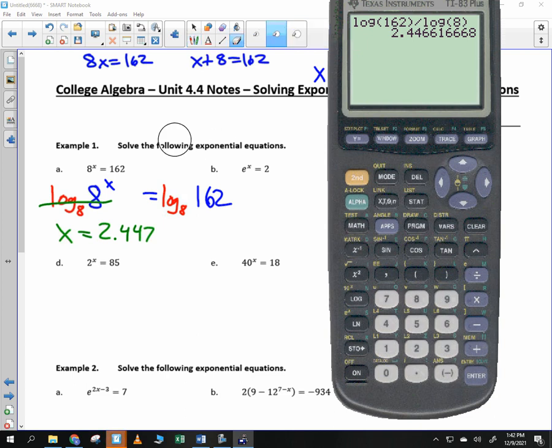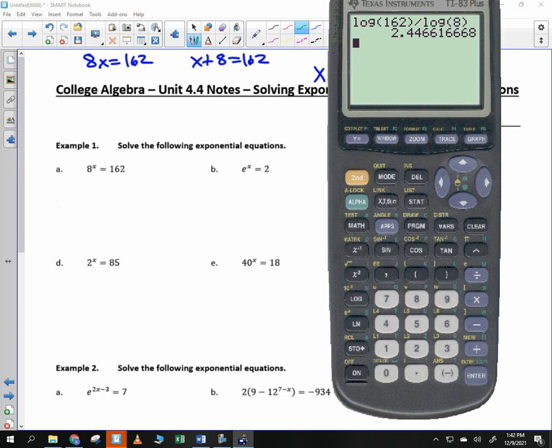Let's try the next one. E to what power is 2? So I have e to the x is equal to 2. I want to get rid of e. So I do log base e of both sides. What is log base e? That's natural log.